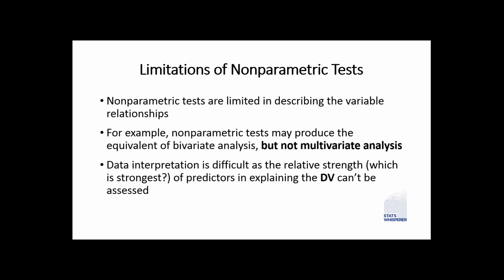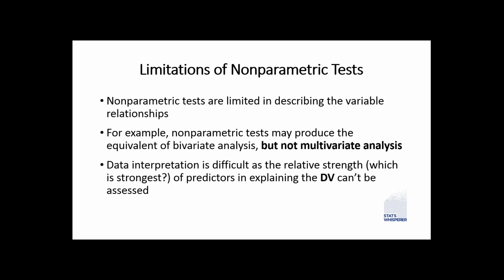Here's a big one, and we're going to address this too. The non-parametric tests are limited in describing variable relationships. Specifically, non-parametric tests have the equivalence of bivariate analysis from the parametric test.